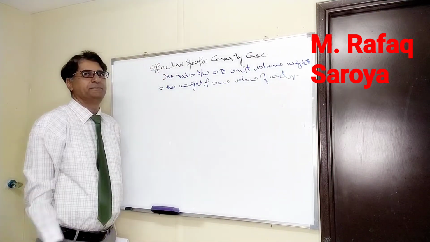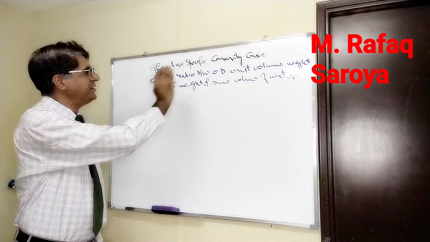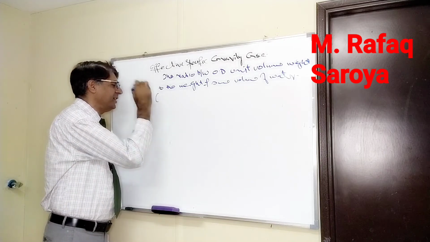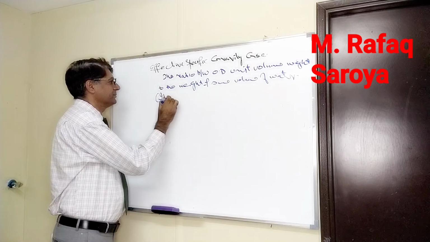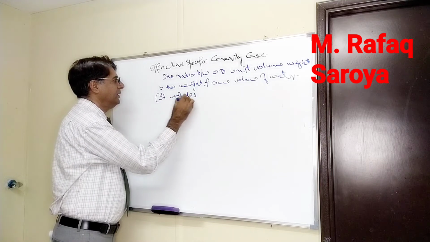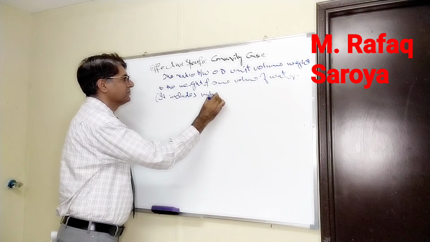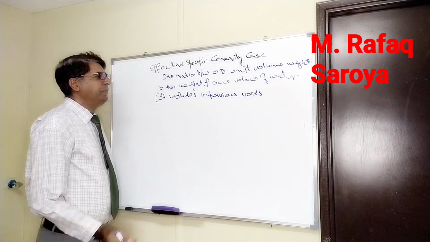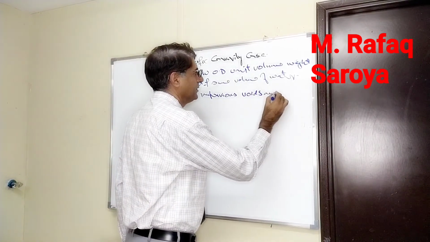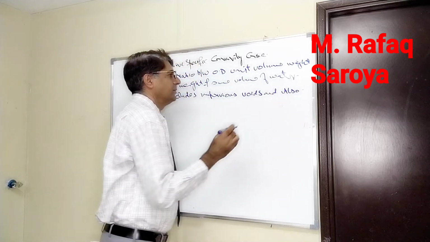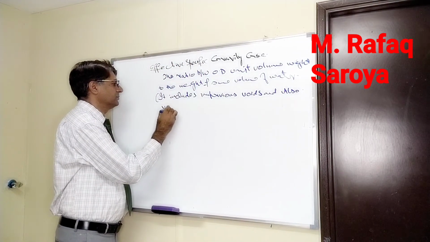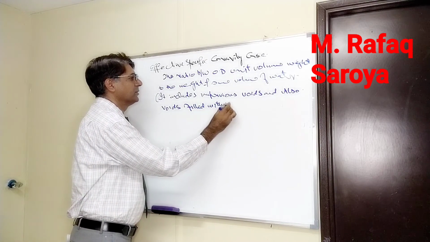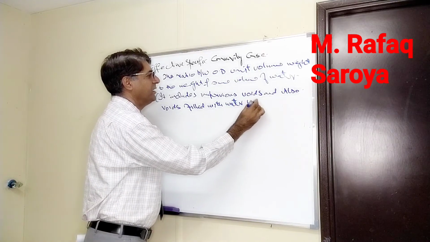Then what is the difference? If this is described in the same way, then what is the difference? So here the difference comes in the bracket I will write down. It includes impervious voids and the voids filled with water but not filled by asphalt.